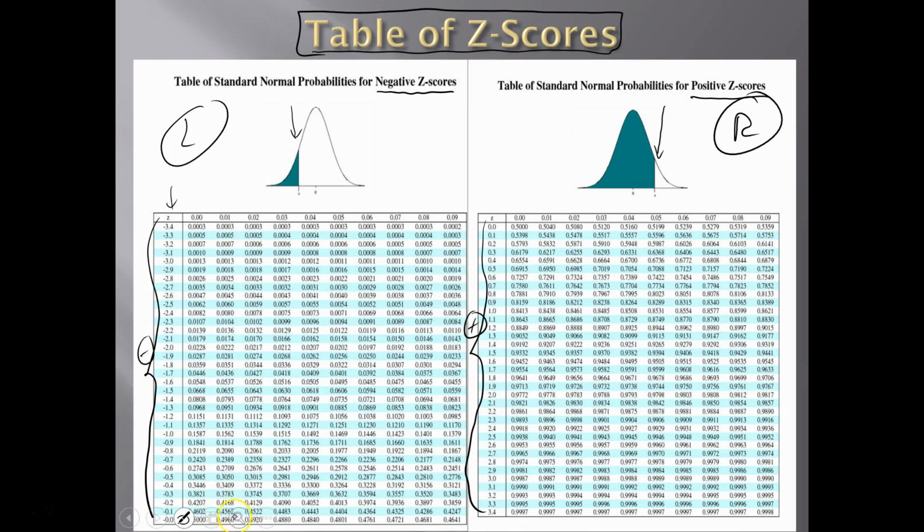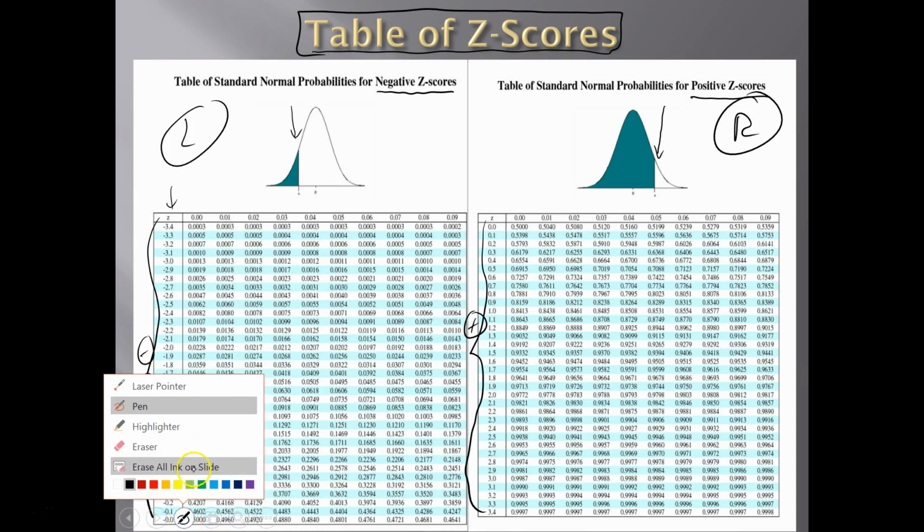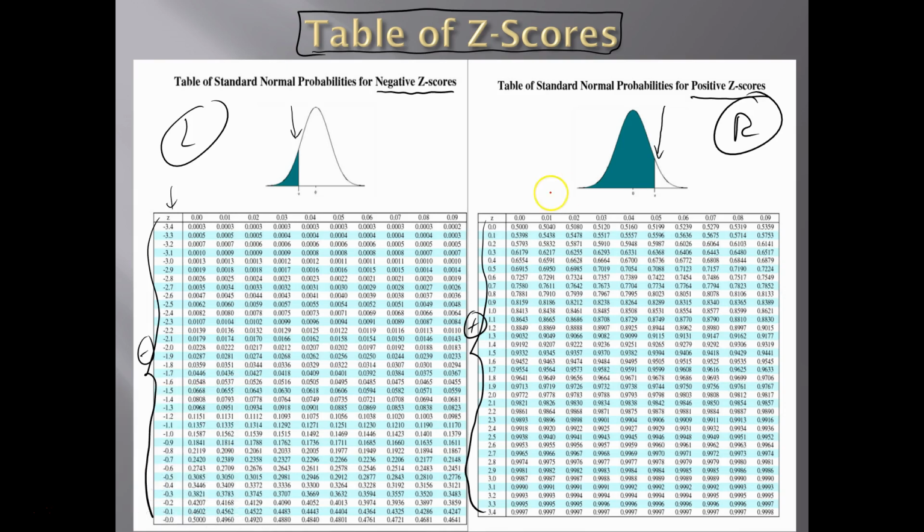Notice these z-scores are kind of small right now, but if you can zoom on your screen, go for it. Notice those z-scores have 2 decimal places. There's a number before the decimal, there's a number after the decimal place. Well, how is that going to work if I'm looking for a z-score of, remember, 1.67?